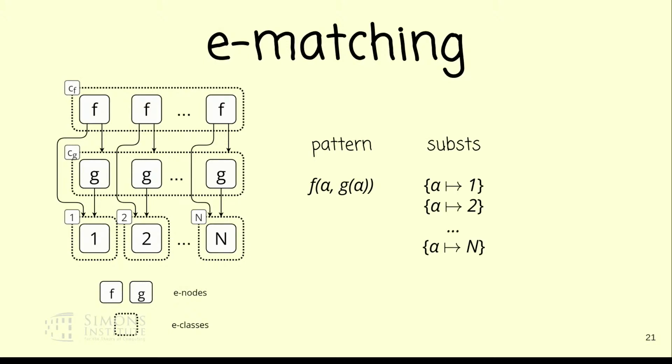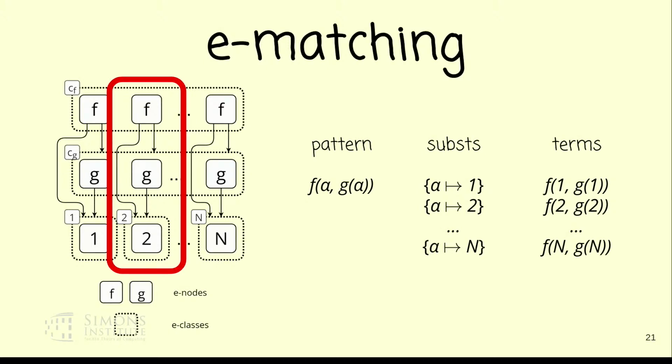The result of E-matching this pattern is we want to get substitutions that map the variables in this pattern to E-classes in our E-graph, such that when you instantiate them, you get terms that are represented in the E-graph. In particular here, we don't want to get f(1, g(2)), because that doesn't match our pattern. Here's just an example of a pattern match.